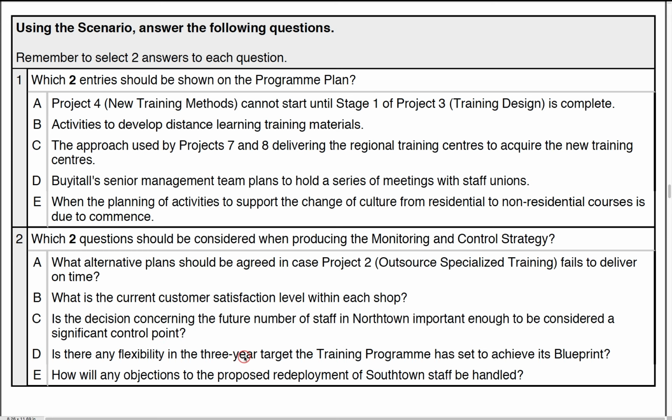D is the flexibility the program has to achieve its blueprint. So how are we able to flex that as we go through the program in case we need to change things, and also we need to monitor it, control the program and monitor it in case we need to make any changes. So that's a good statement too.